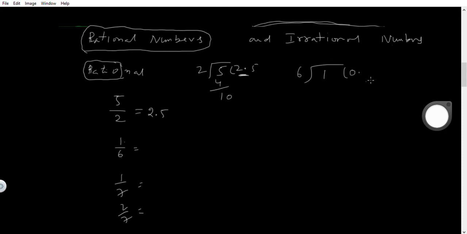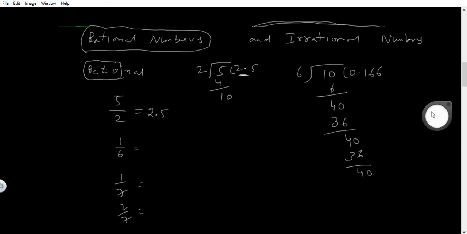Take a decimal point and keep 0. 6 1s are 6, I will get remainder 4. Again taking 0, 6 6s are 36, again I will get a remainder 4. Again taking 0, 6 6s are 36, again I will get 4.